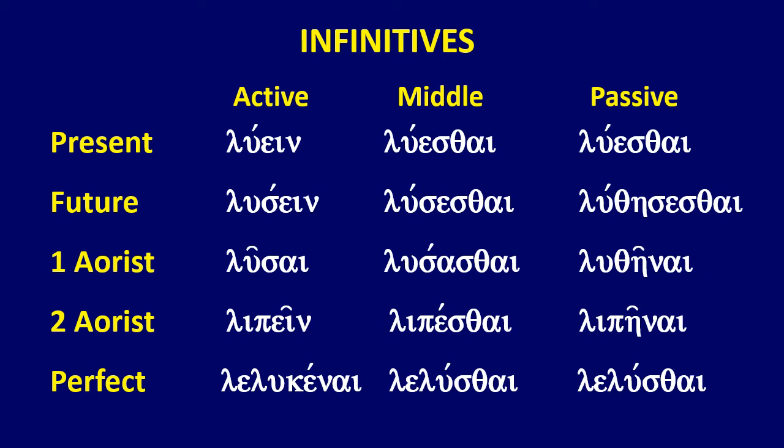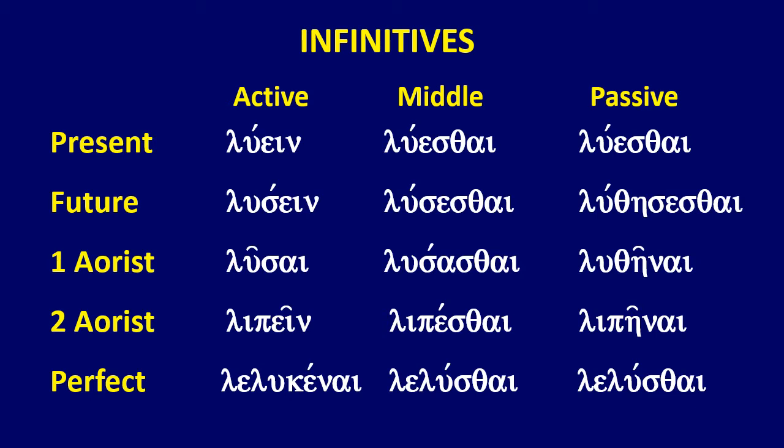Now you can also see from this paradigm that when it comes to infinitives, they have tense and they have voice. But what they don't have is mood, they don't have gender, they don't have number, they don't have case, like a participle would have tense, voice, case, gender, number.